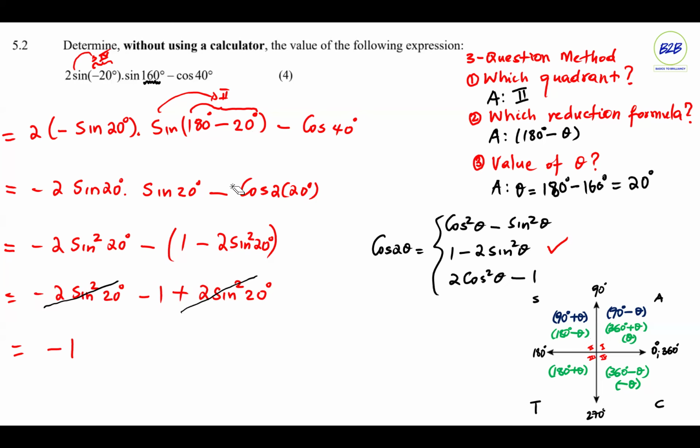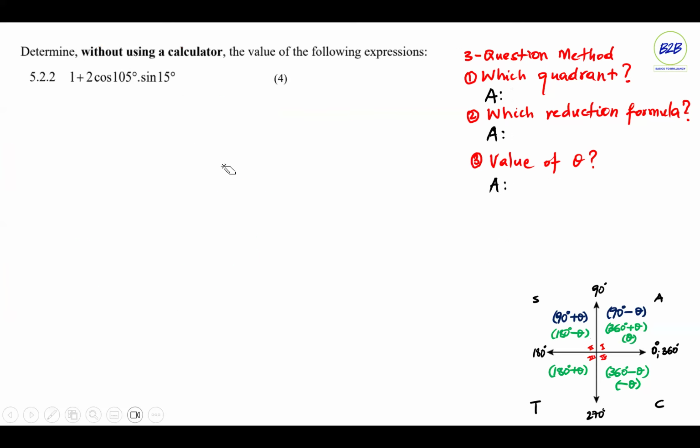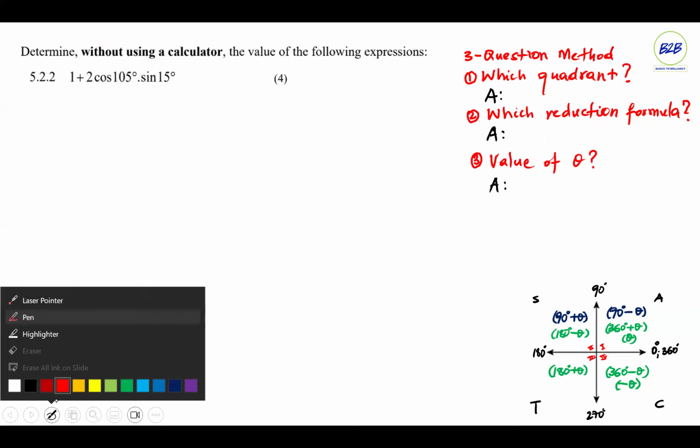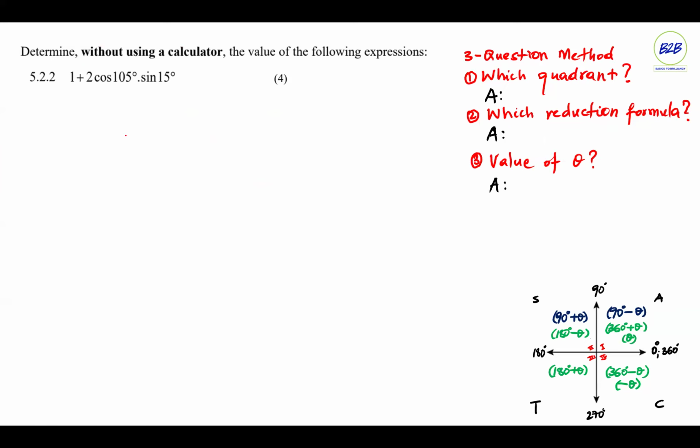All right. Let us go into a time for an exercise. It's your time to shine now. I would encourage that you pause the video and then calculate the value of this following expression using the 3-question method to reduce 105 degrees.